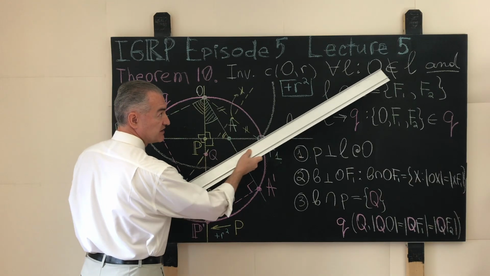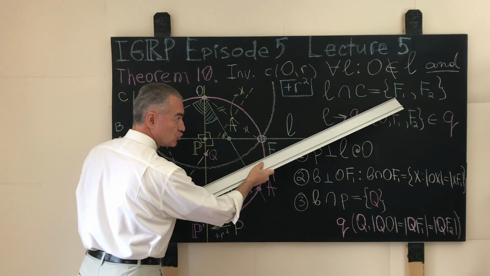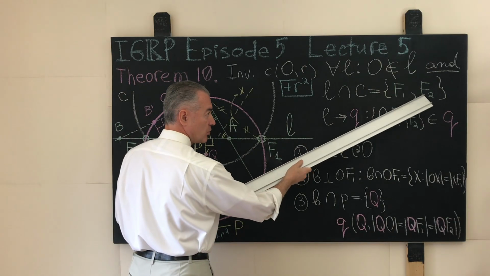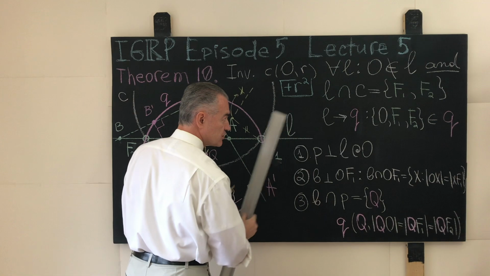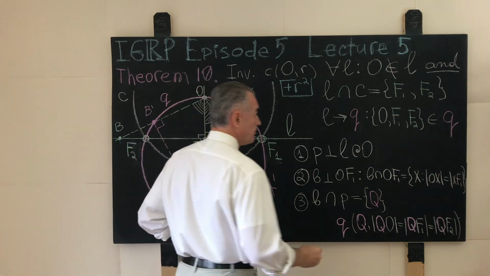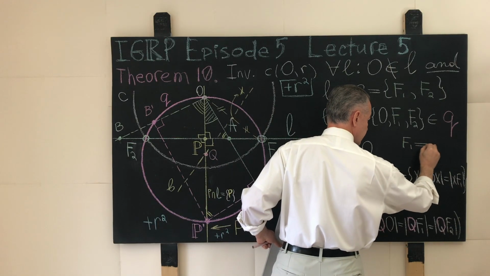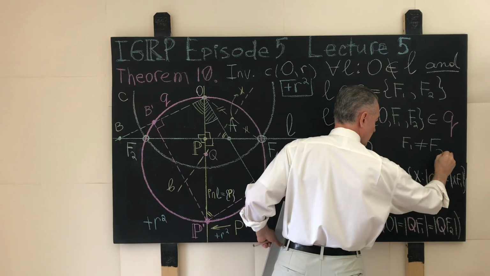So the constructive algorithm in this case, when the power of inversion is positive and this simple straight line L does not pass through the center of inversion, has precisely two distinct points, F1 and F2 in the set notation. These must be distinct, so for the pedants in the audience, let's say F1 is not equal to F2.